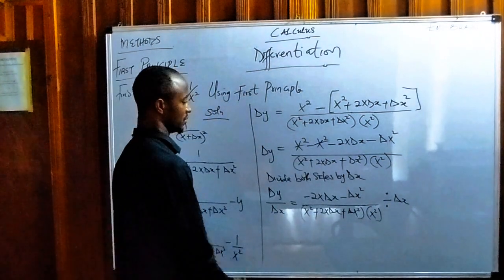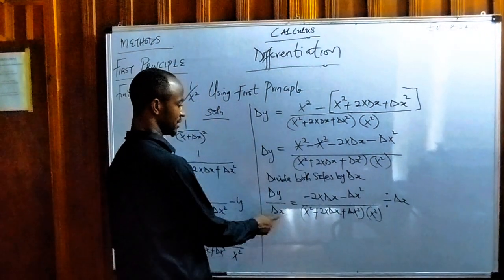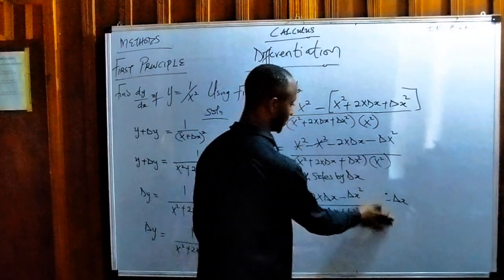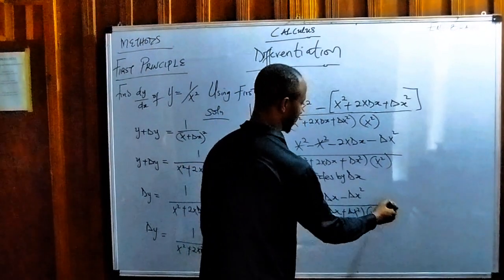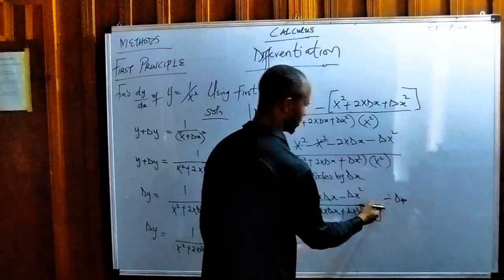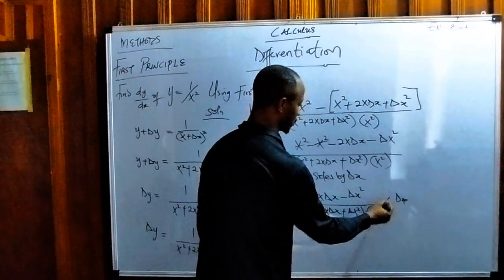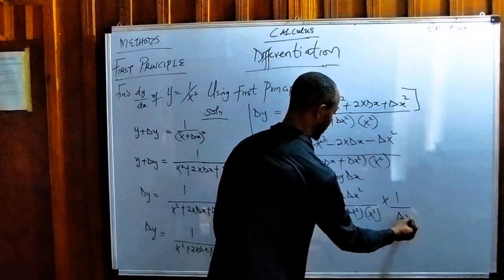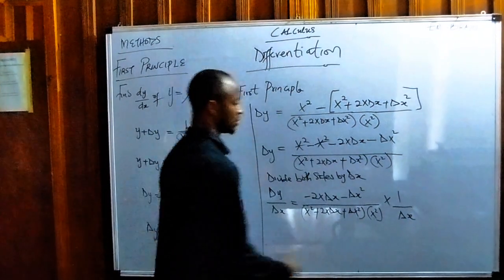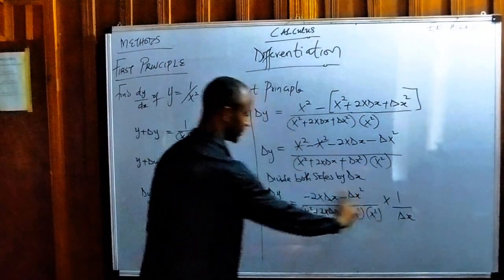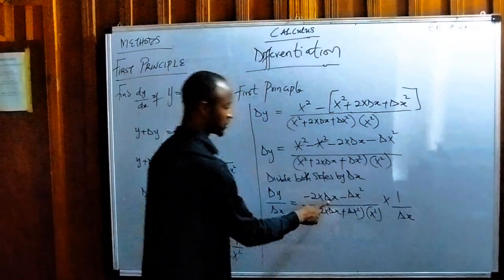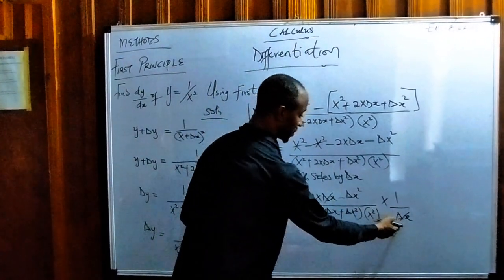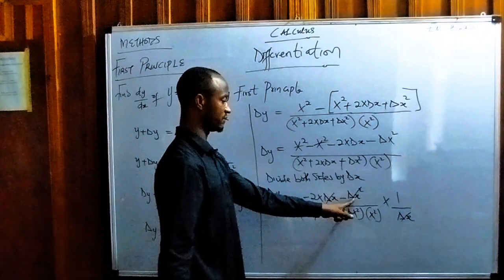Okay, so we divided both sides by what? Delta x. So this is the same as, if I remove this division sign and put times, we are aware that here becomes 1 over delta x. So we multiply by 1 over delta x. That means we cancel delta x from here. We cancel one of these, and we also cancel one of these.